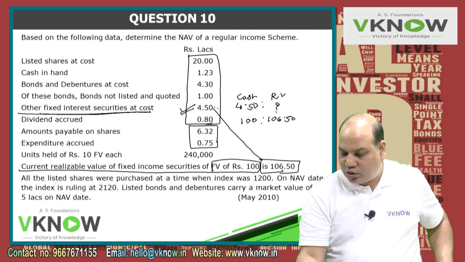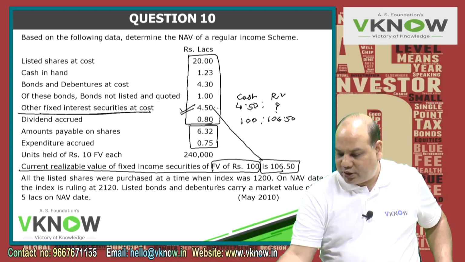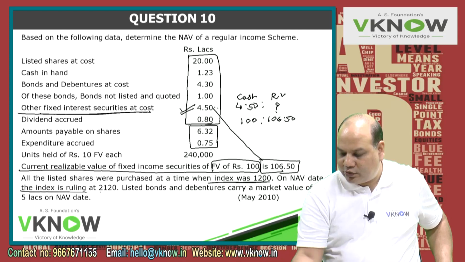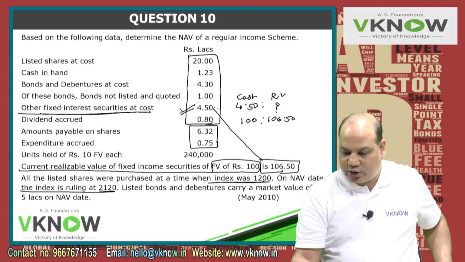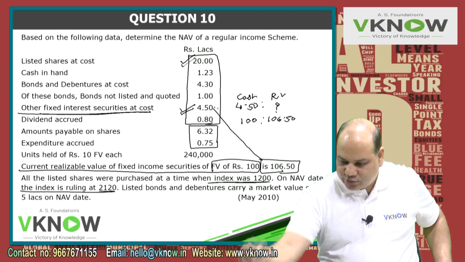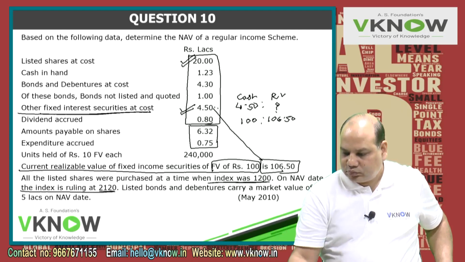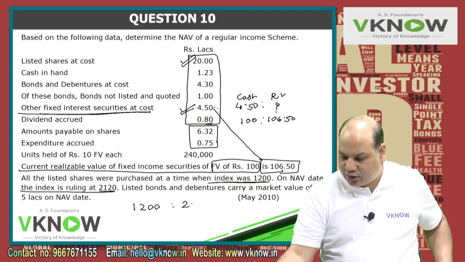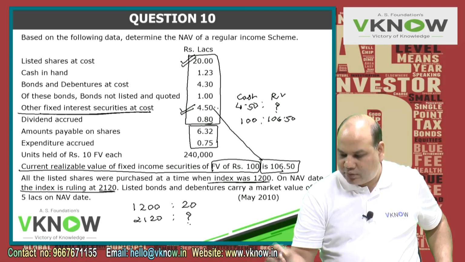Then next line, all listed shares were purchased at a time when index was 1200. On the NAV date, the index is ruling at 2120. So tick mark this. When index was 1200, the value of your share was 20 lakh. So now when index is 2120, what will be the value of your share?